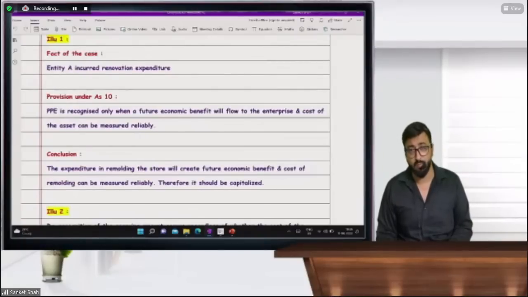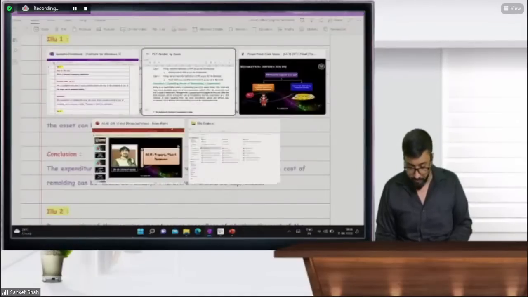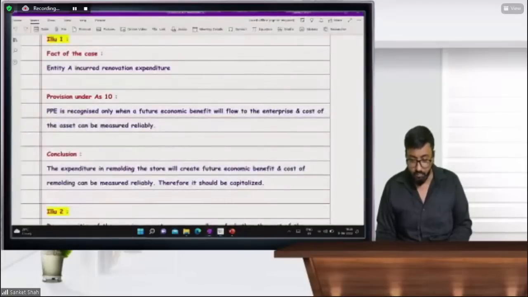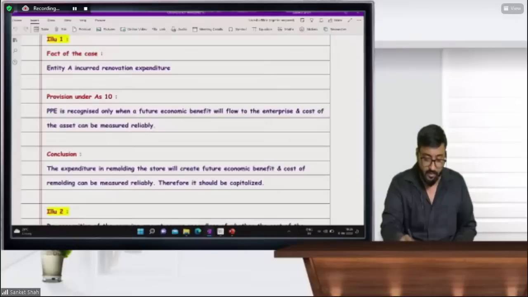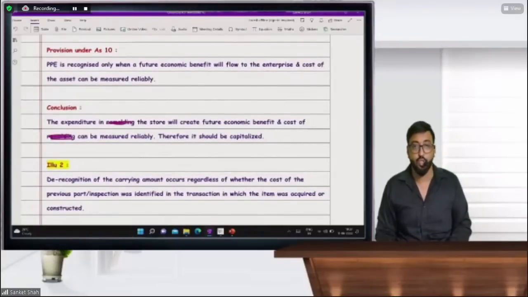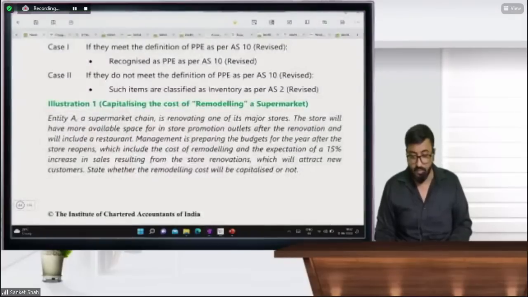And conclusion: the expenditure in remodeling, or renovating in simple language, the store will create a future economic benefit, and the cost of the remodeling can be measured reliably. It is not remolding, that is a printing mistake. Therefore it should be capitalized. So the first answer is over.